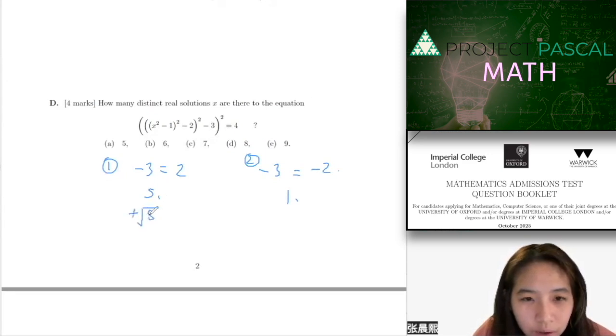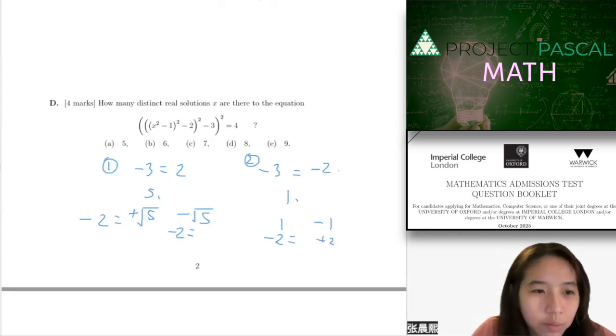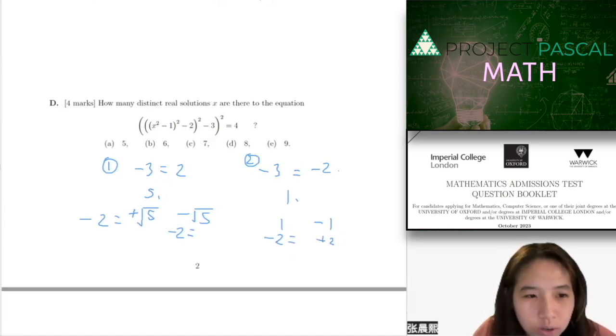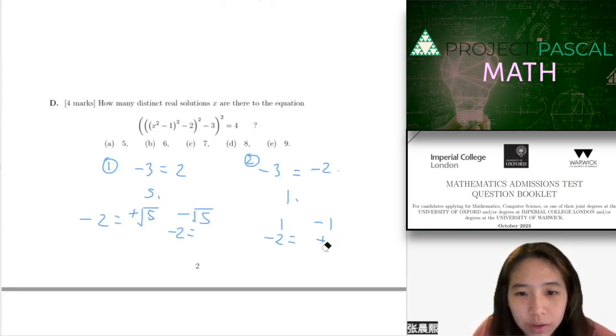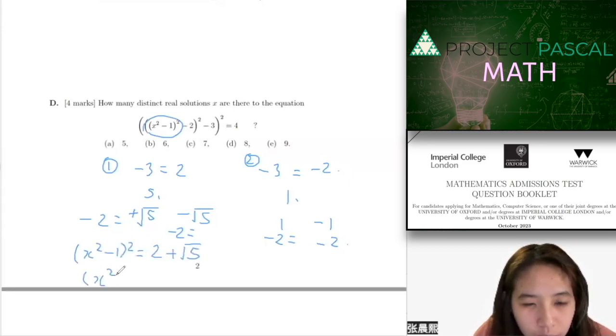So there is plus root 5, minus root 5, minus 2 equals this, and also 1 and negative 1, minus 2 equals this, plus 2, both minus 2 equals this. So I'm writing in a very abstract manner so that I can save some time. So then x squared minus 1 squared equals 2 plus root 5. x squared minus 1 squared equals 2 minus root 5, which is less than 0, so you strike out this case.